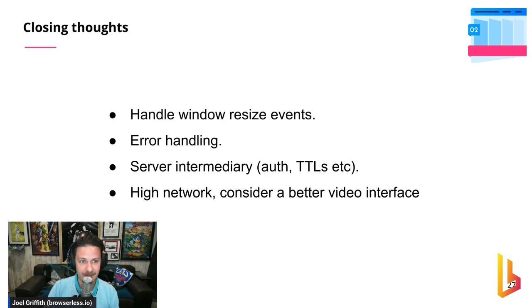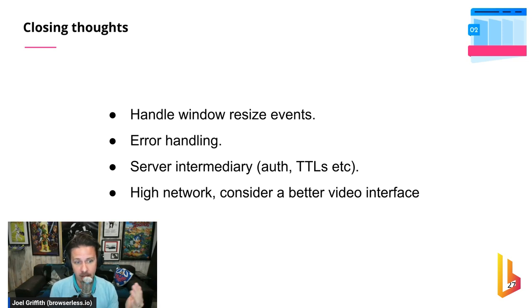But yeah, some final closing thoughts before I get over to questions. We didn't talk about handling resize events. The repo does. That's really important for getting X and Y coordinates to get back to the underlying headless browser properly. Error handling wasn't shown in any of these slides, but it is a little bit in the repo. Having something like a server intermediary is really helpful.